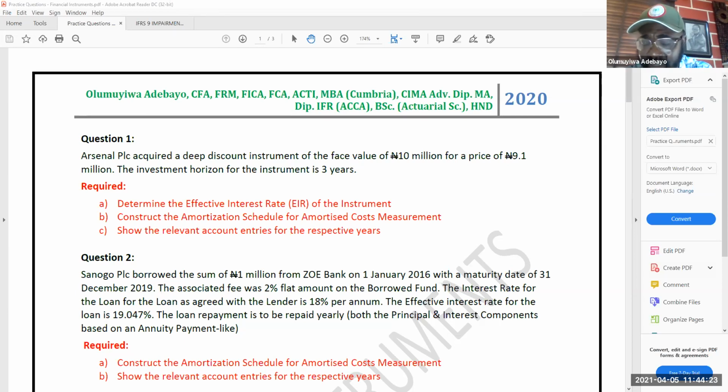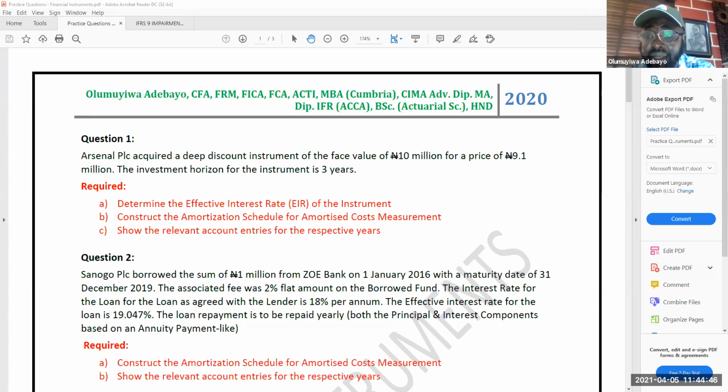Treasury bills are discount instruments. Commercial papers are discount instruments. They don't pay interest. You purchase them below their par value and you realize them at par value. But when you start to have a discount instrument that spans more than 2 years, 3, 4, 5 years, they become deep in the discount.